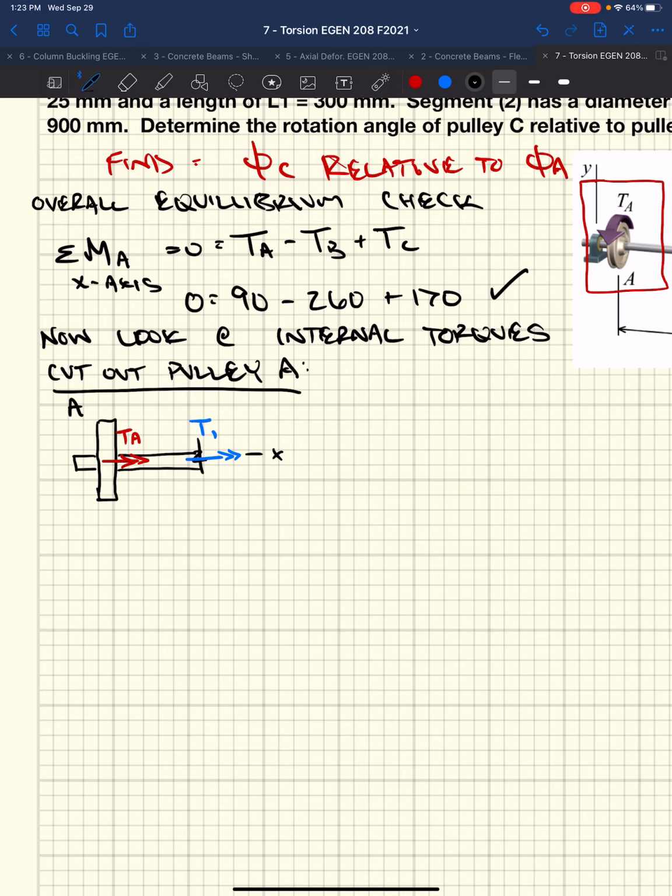Well, if we do what we did above and we sum moments about A, knowing they have to equal 0, I get TA plus T1 has to equal 0, both acting in the positive x direction. So TA plus T1 must equal 0. That means that TA equals minus T1.